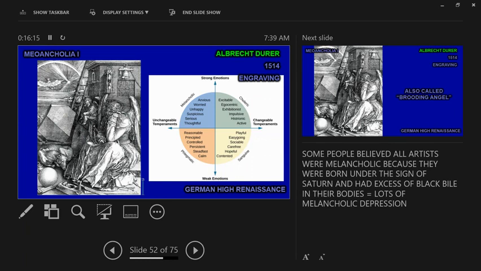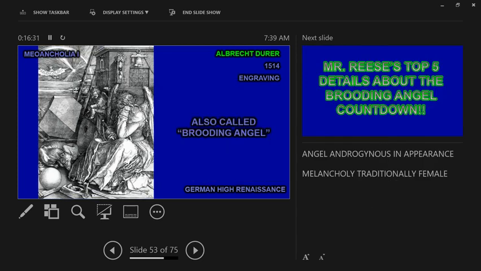An excess of melancholic humors means melancholic depression, and artists tend to be depressed people, so artists are said to have melancholy. So this is an artwork based on melancholy. Another title for this print is The Brooding Angel.